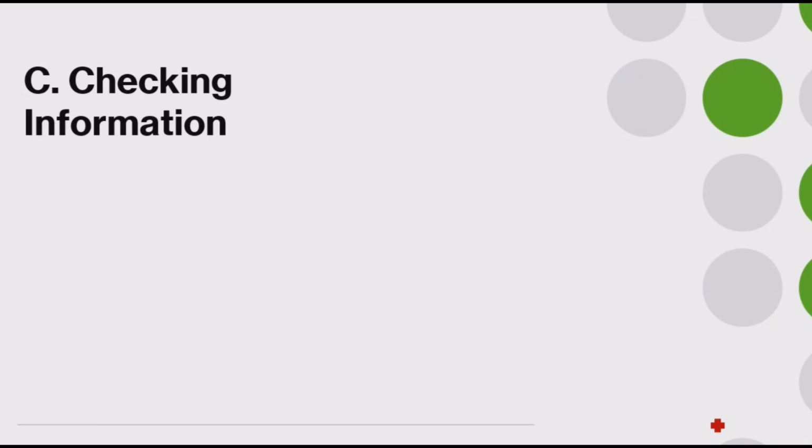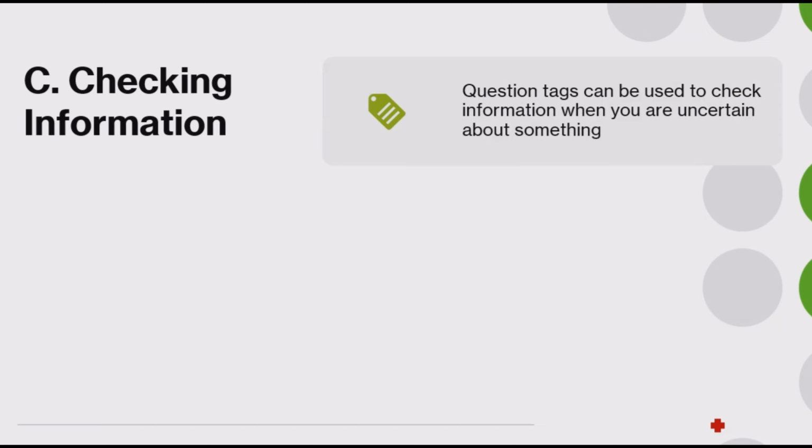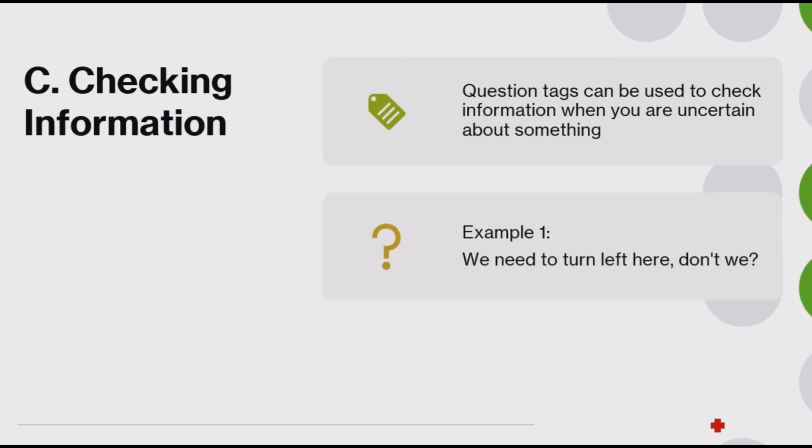Case C of the usage of question tags is when we are checking for information. So we can use question tags to check for information when we are not so sure about something. So example 1, we need to turn left here. We is the subject. Then because it's we and this is the present tense, we need to say don't we?